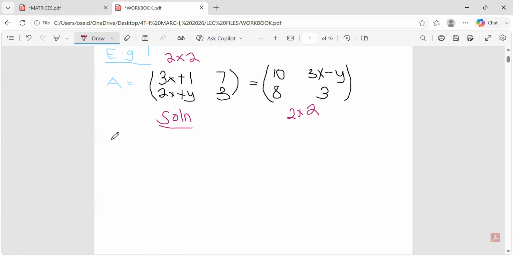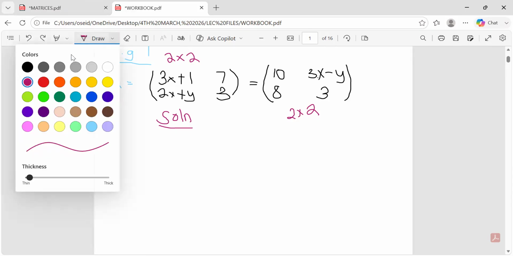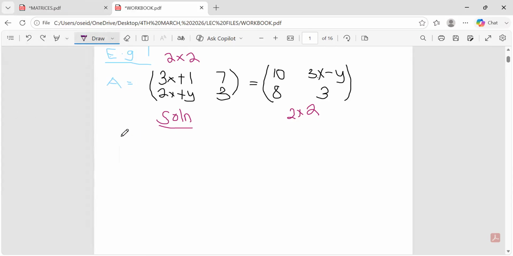So you get 3x plus 1 equals 10. If 3x plus 1 equals 10, we solve it.